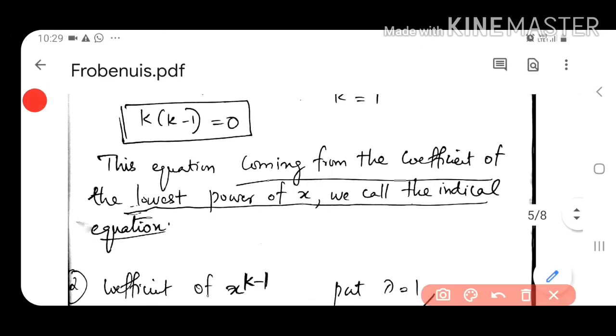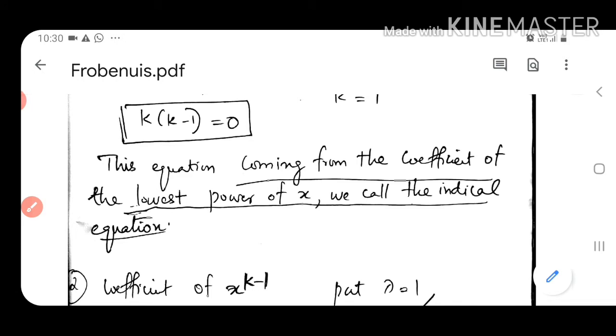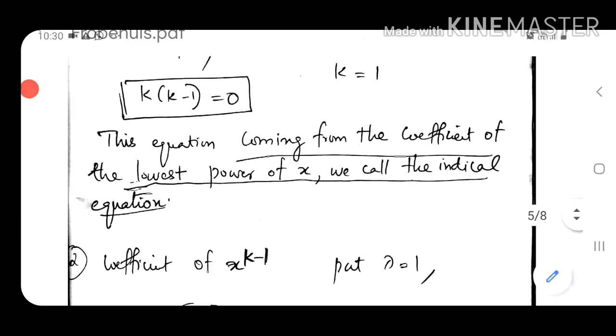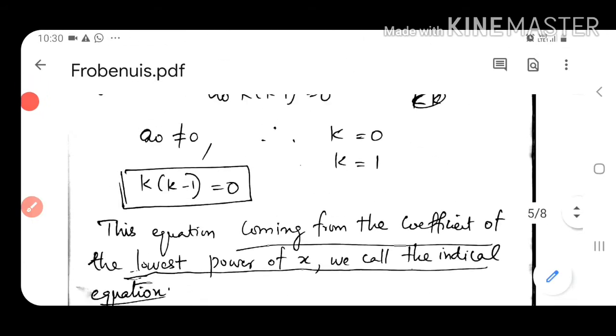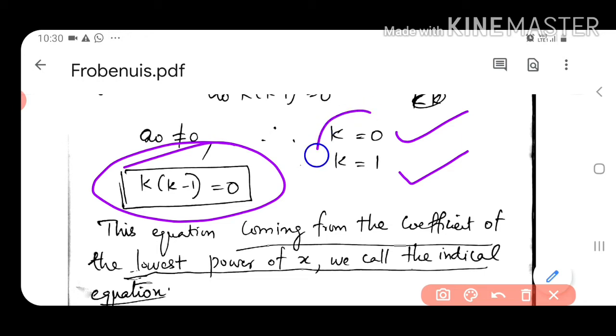So we have k into k minus 1 equal to 0, and this is called the indicial equation. What that means is either k is 0 or k equal to 1. The solution of the indicial equation is k equal to 0 or k equal to 1.